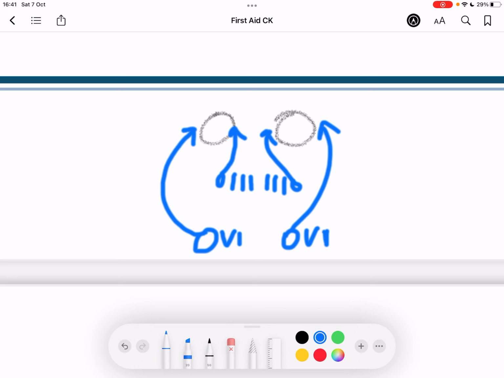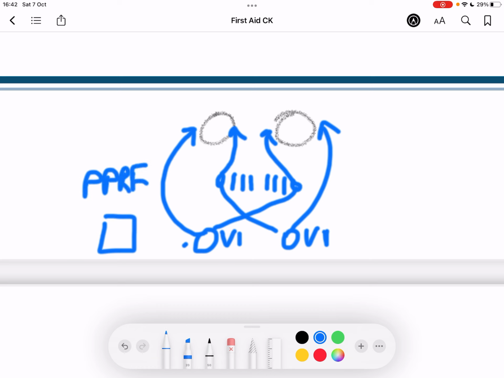But there is a connection between cranial nerve 6 to the nuclei of cranial nerve 3, and this is called the MLF, the medial longitudinal fasciculus. And as you're probably aware, we do also have another nucleus called the PPRF, which has input into cranial nerve 6, but that's not so important to understand the concept.